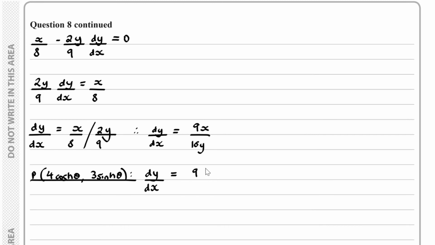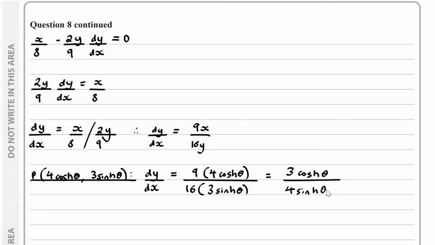So we have 9 times 4 cos theta over 16y. So we have 16 lots of 3 sin theta, which if we tidy this up, we end up with 3 cos theta over 4 sin theta.